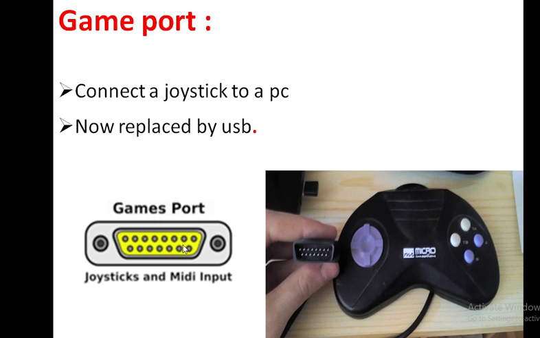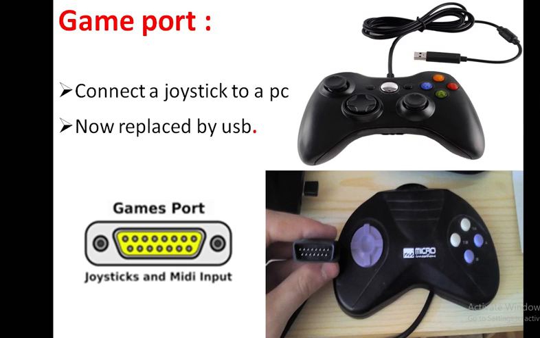Any games you can connect with a joystick to your computer. Nowadays it is replaced by USB. See here, this is a USB port. This port is now replaced by USB. Okay, see, the joystick is replaced by a USB cable, right?